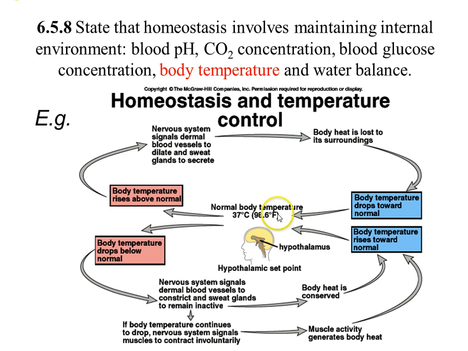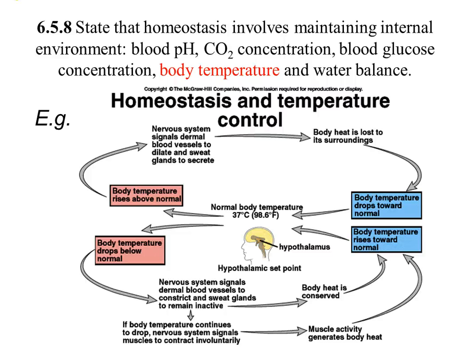But if the body temperature drops below normal, your nervous system does something else. It signals the blood vessels to constrict, which means that there's less blood flowing through them, and your sweat glands remain inactive, which means that your blood is pulled away from your skin. And think about it, on a really cold day, you lose feeling in your fingers and your toes.